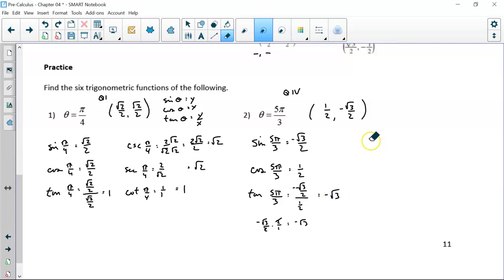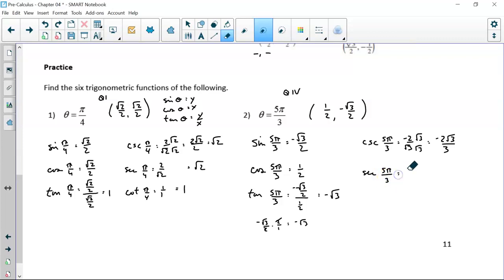And now, my cosecant of 5 pi over 3 is going to be the reciprocal of negative root 3 over 2. So it's going to be negative 2 over root 3. When you rationalize, you multiply by root 3 over root 3. Negative 2 root 3 over 3. My secant for 5 pi over 3 is the reciprocal of cosine.